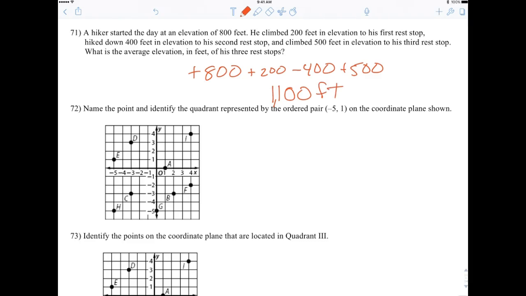Now, let me read this question to make sure I'm reading it correctly. It says a hiker started the day at an elevation of 800 feet. He climbed 200 feet in elevation on his first stop, hiked down 400 on his second stop, and climbed 500 feet on his third. What is the average elevation in feet of his 3 rest stops? All right, listen. What I want you to do right now is I'm going to change this question up because I really don't like that question.